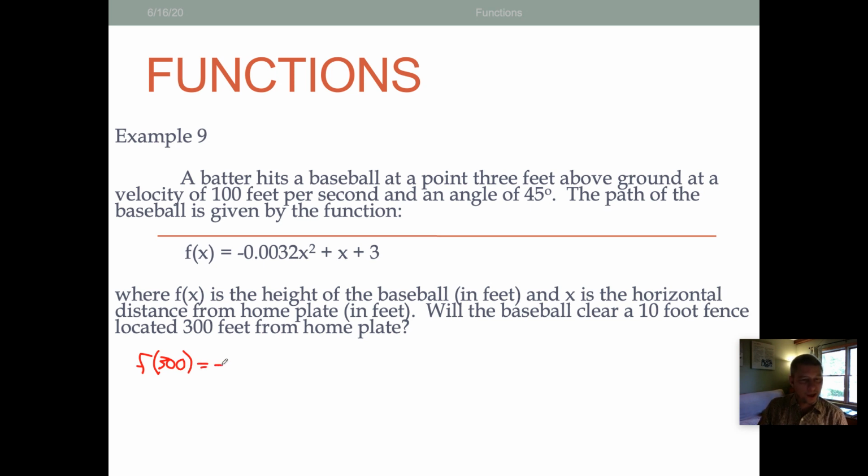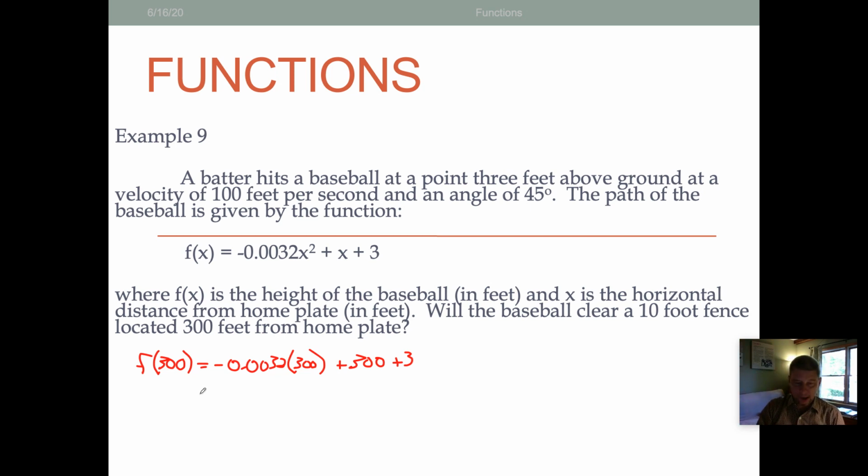That's going to equal negative 0.0032 times 300 squared plus 300 plus 3.